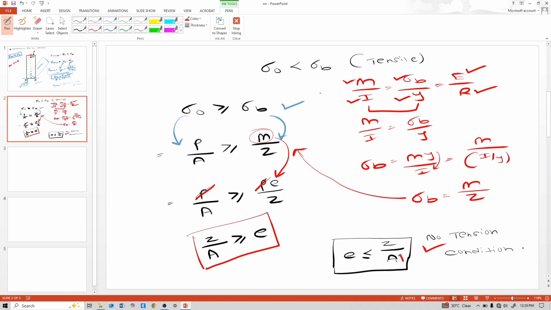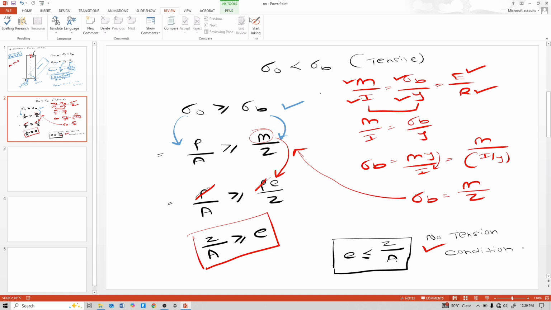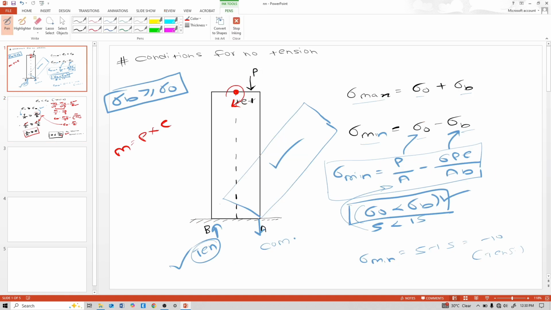If eccentricity increases, then what will happen? Area will decrease. Eccentricity and area have an inverse relation; eccentricity and sectional modulus have a direct relation. But understand that from this condition we are able to decide where we need to put that P, as eccentricity.